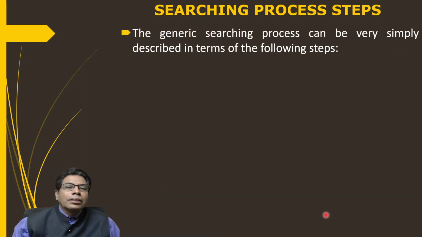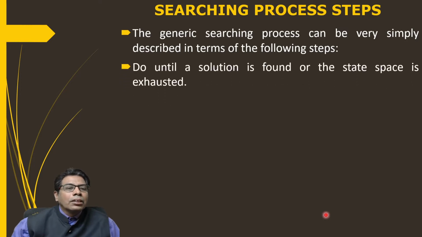Then the searching process steps. The generic search process can be very simply described in terms of the following steps. The first step is: do until a solution is found or the state space is exhausted. So we have two alternatives. We have to continue our search till we get the solution or till the state space is exhausted.